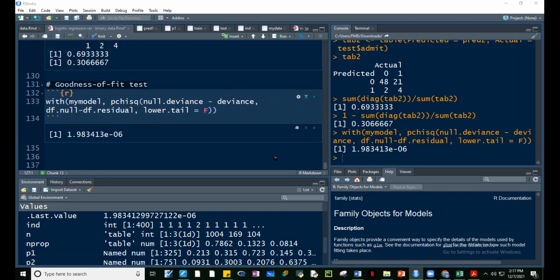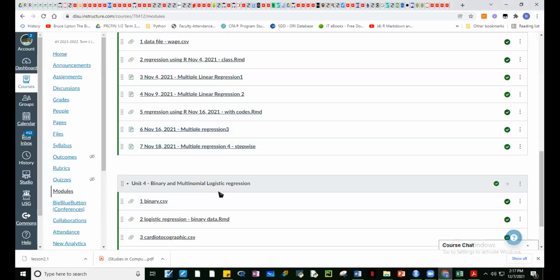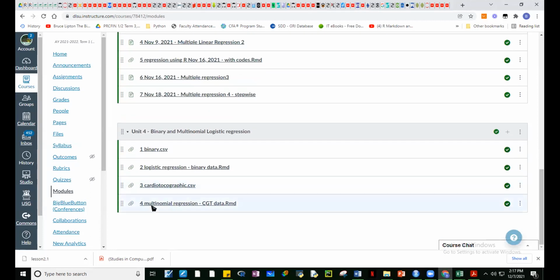And then may time pa tayo sa Thursday, magmo-multinomial na tayo. So kindly read yung multinomial natin. Okay, kindly read this. And then pakisubukan nyo, pag sa Thursday guys, naka-open na tong file na to. Tapos na-load nyo na rin yung cardiotocographic data.